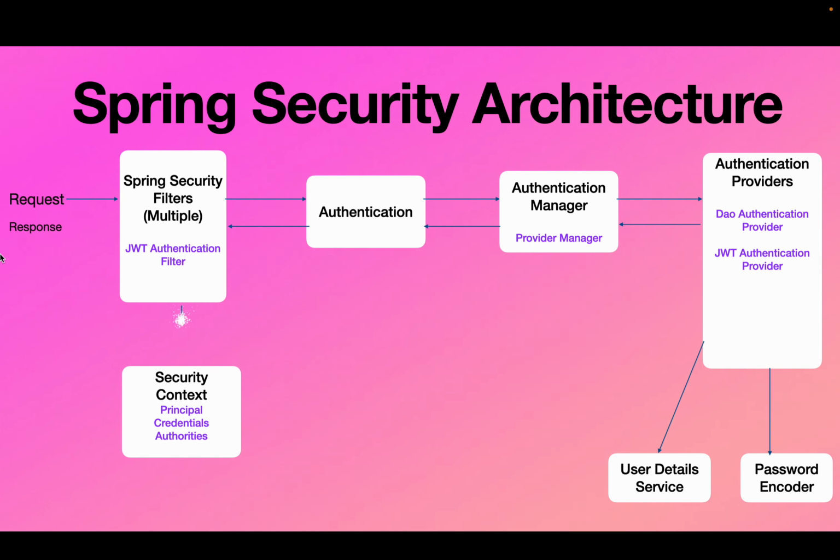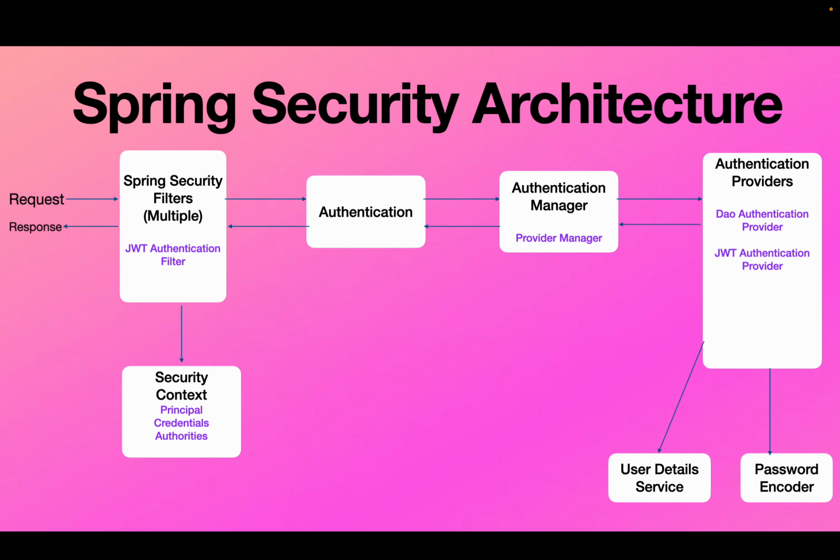It will store the information of this authentication object in Spring's security context: the principal, credentials, authorities, whether the authentication is successful or not, and the session ID. It stores all this information in the security context before handing over the response.